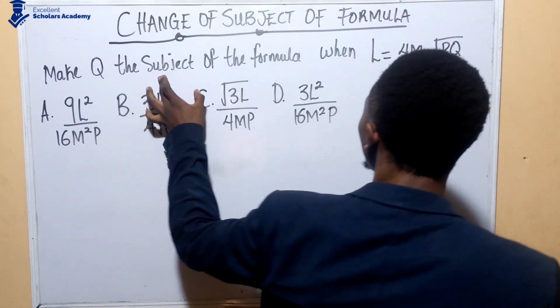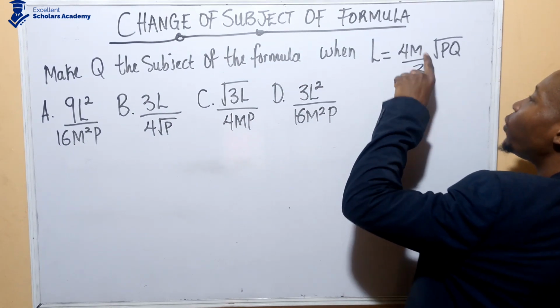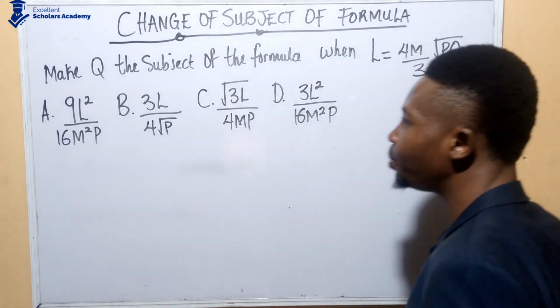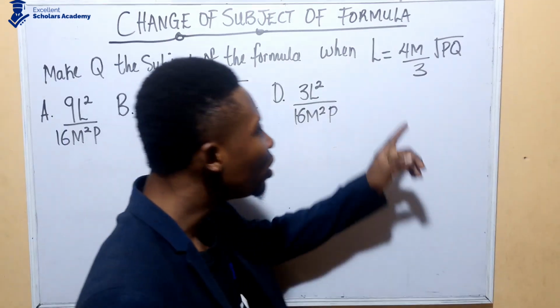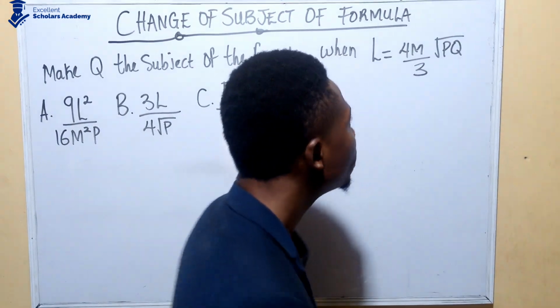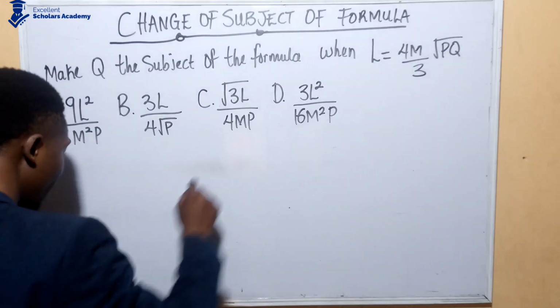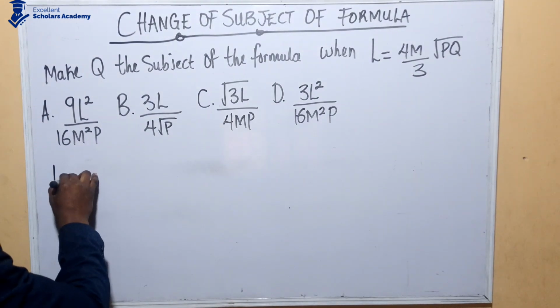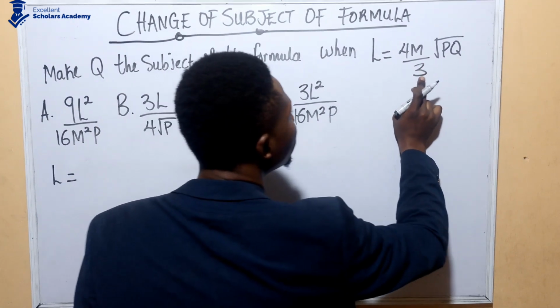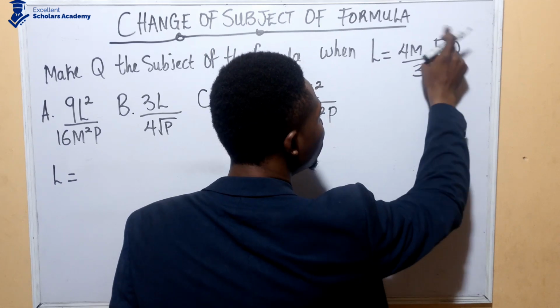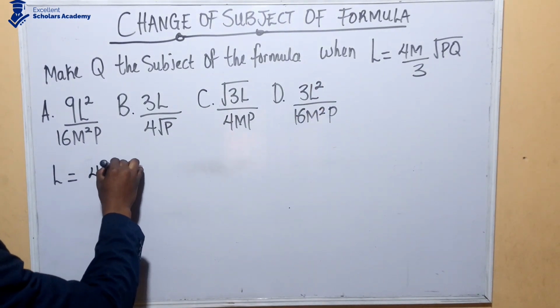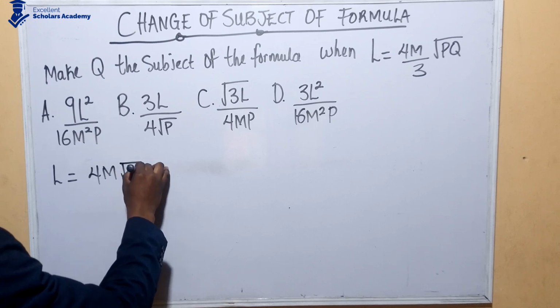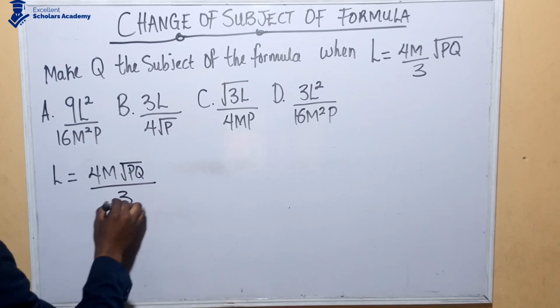Make Q the subject of the formula when L is equal to 4m over 3 square root of PQ. Your goal is to make Q the subject of the formula. So I want you to know that you can also write that expression as L is equal to, this 3 affects all of these as a denominator. So it becomes L is equal to 4m square root of PQ over 3.